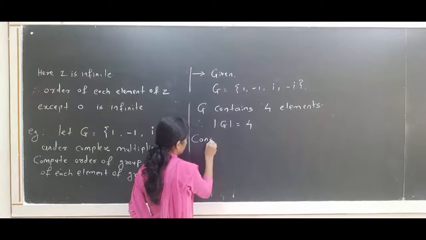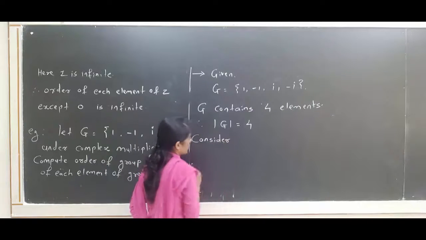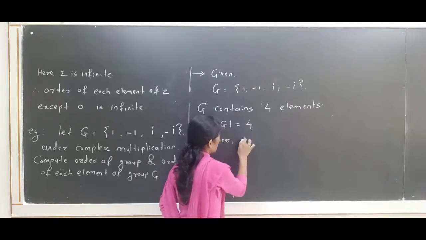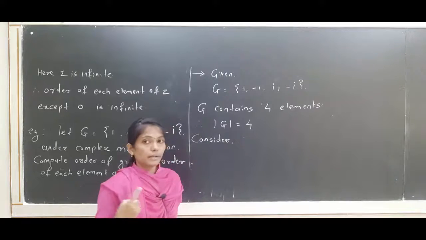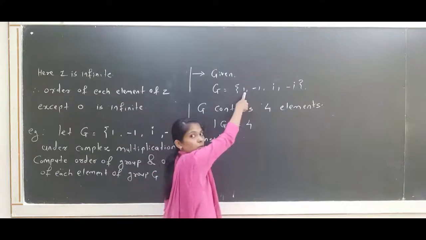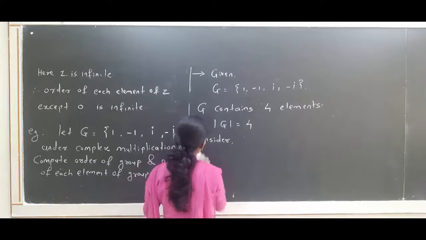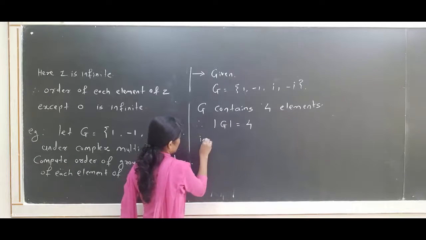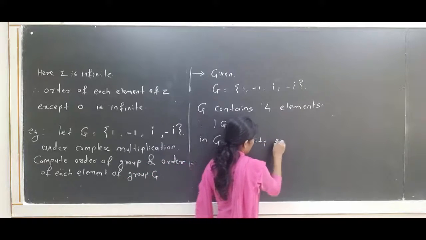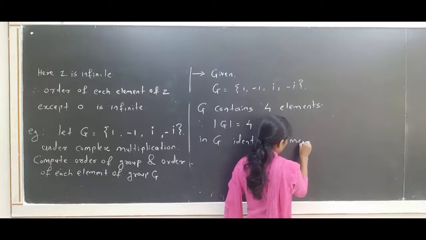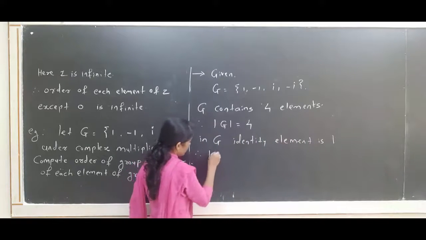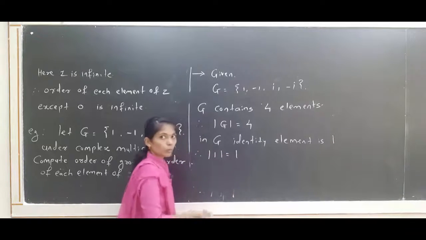So, consider 1. Under complex multiplication, identity element is 1. So in G, identity element is 1. Therefore, order of 1 is 1.